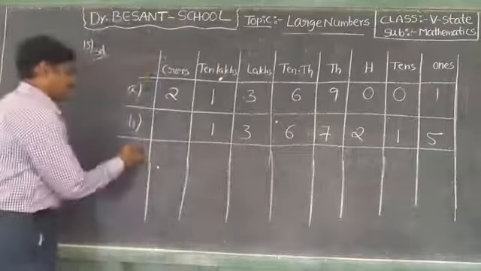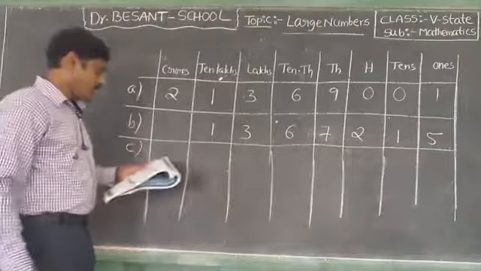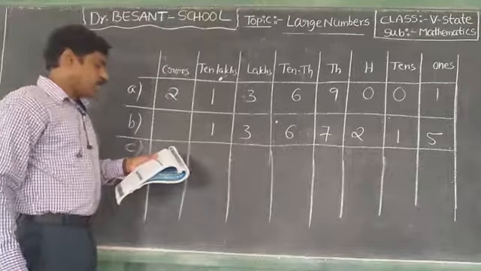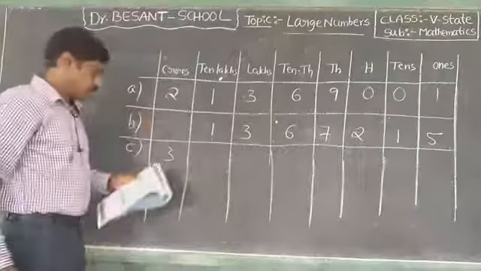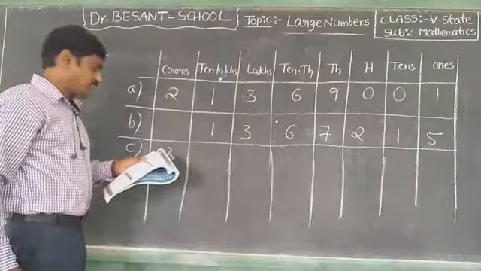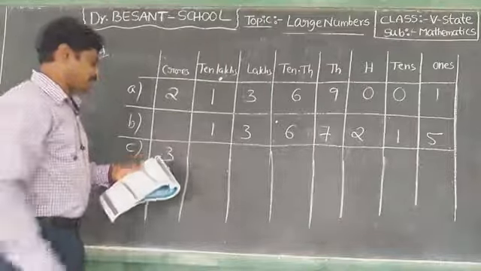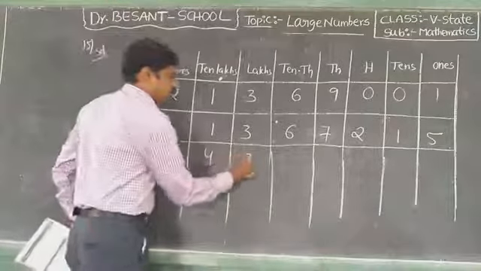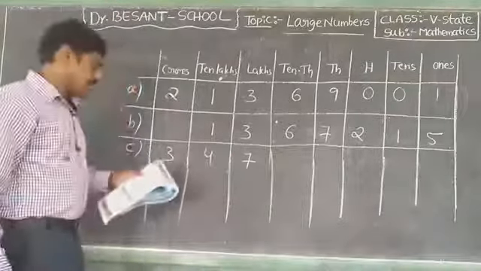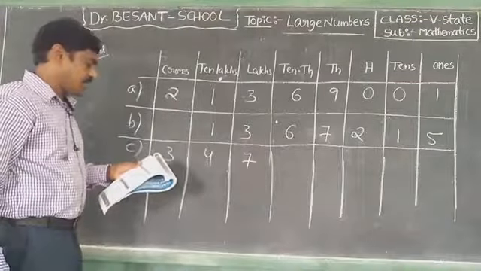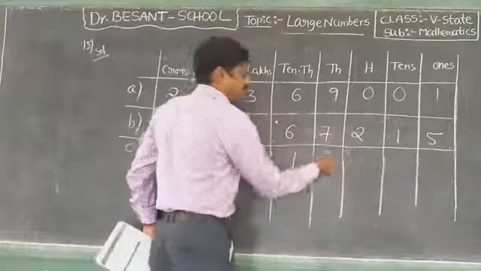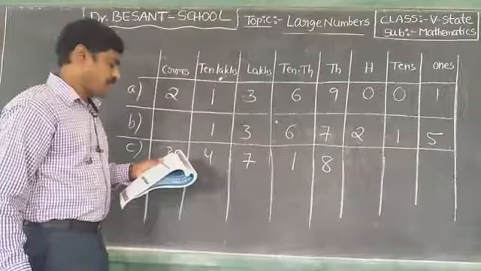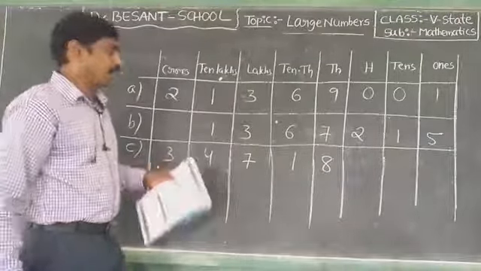Next to C. 3 crore, crores place 3 crore. 47 lakh, 18,000, 203.